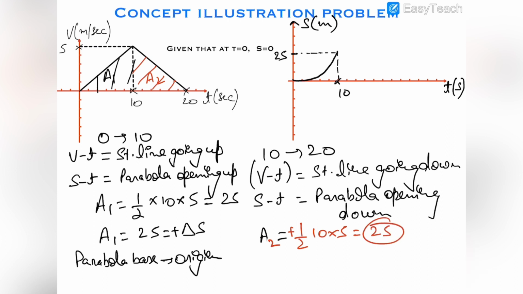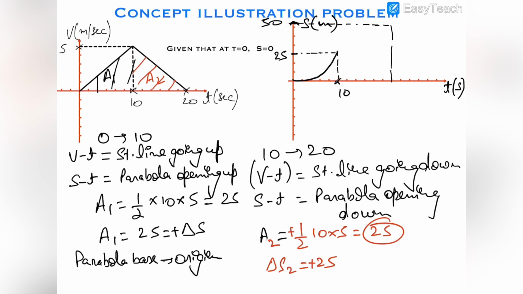So the change in displacement delta S2 will again be 25, and initially S was 25, and there is a change in S of plus 25. Therefore this parabola will reach the 50 mark. So this is the 50 mark, and this parabola reaches the 50 mark.